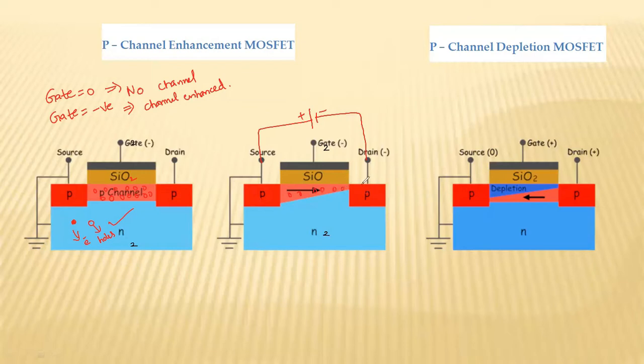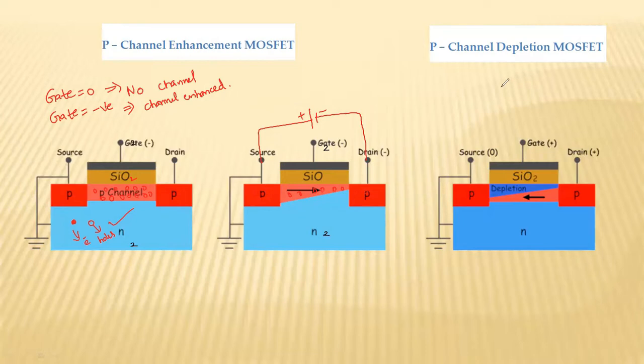From the drain they are attracted towards the negative terminal of the supply. In this way current will flow in the p-channel enhancement mode MOSFET, and this direction is completely opposite to the direction of current flow in the case of n-channel enhancement mode MOSFET.